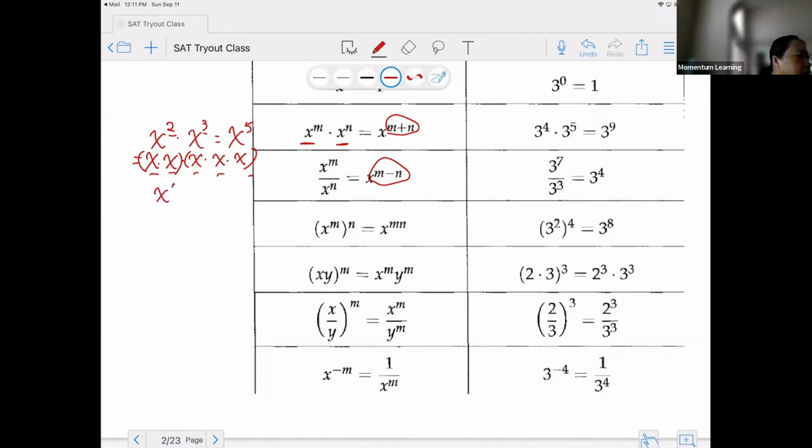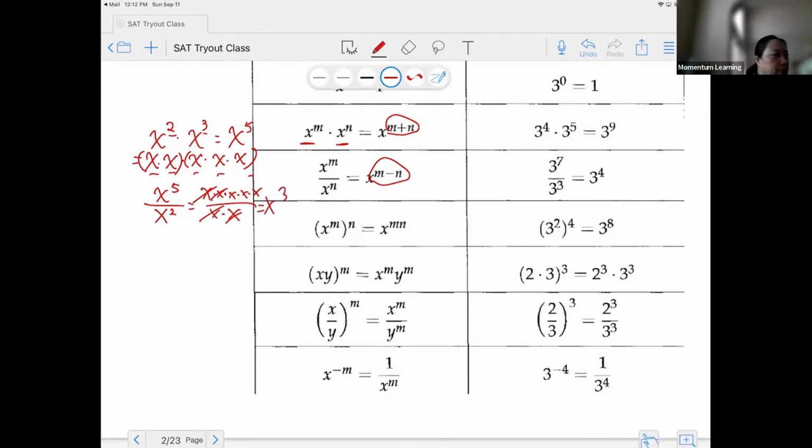For example, x⁵ divided by x²: you expand. x⁵ is five of the x, divided by two of the x. Each pair cancels, leaving you just x³. So you know it's subtraction: 5 minus 2.